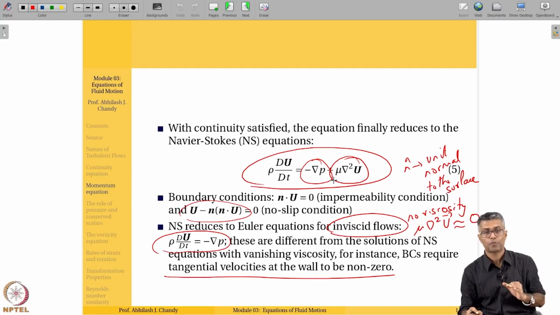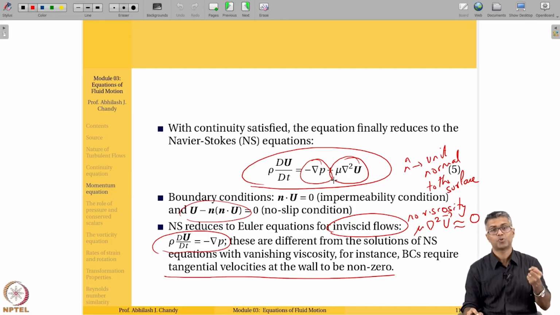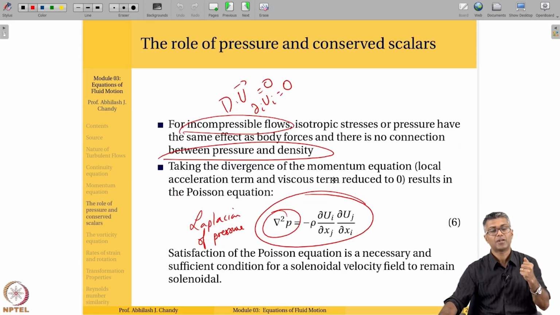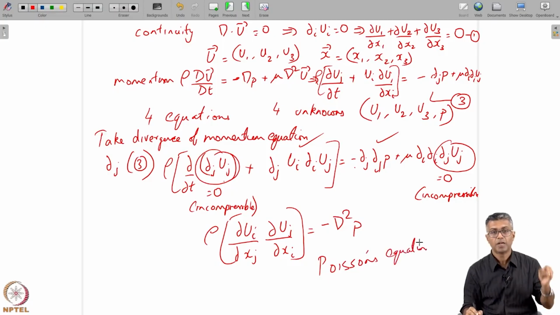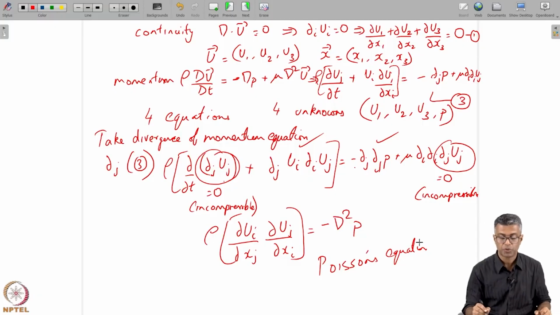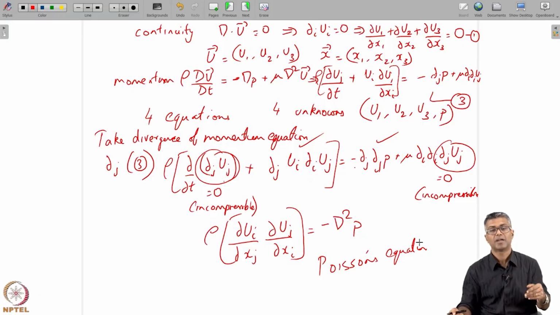Now, in order to solve for pressure in incompressible flows, we need an additional equation. That is how we took the divergence of the momentum equation and obtained the Poisson's equation. So we had continuity, momentum, and the Poisson's equation, where you have the Laplacian of pressure, which can be used to solve for the pressure.